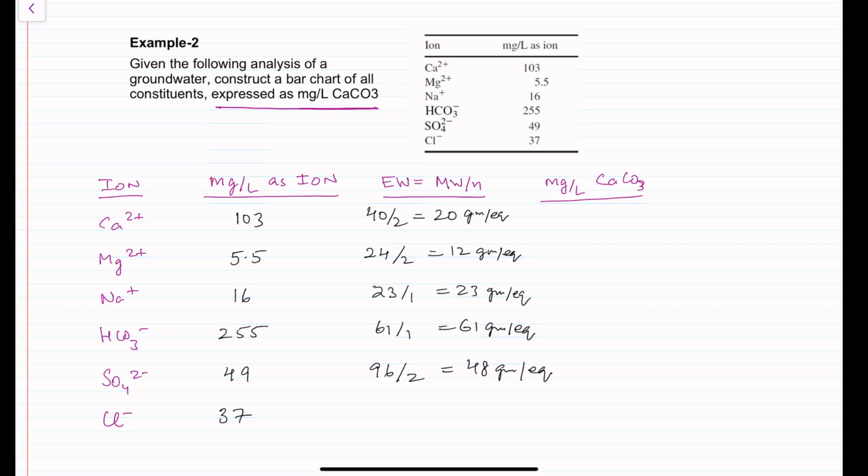And let's see, chloride would be 35.5 divided by 1.